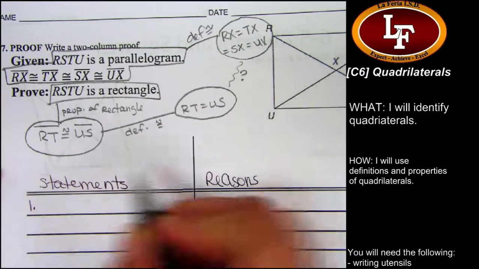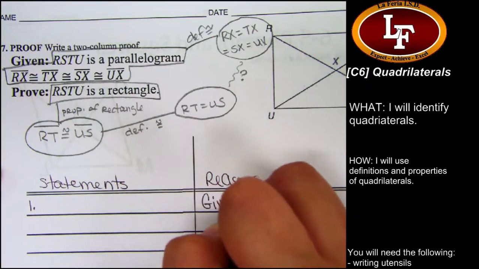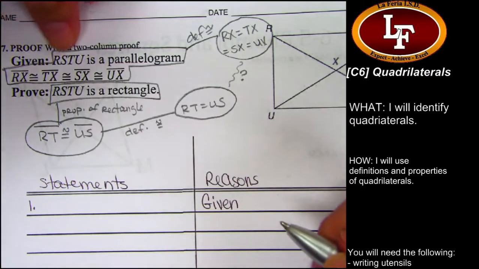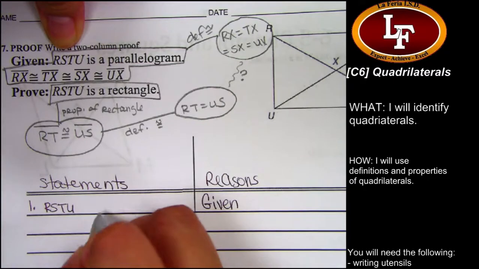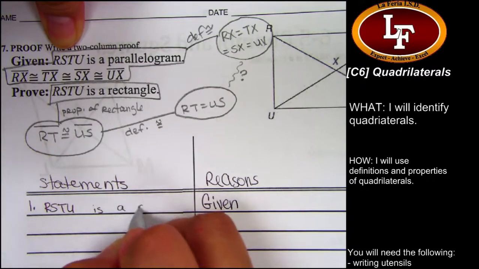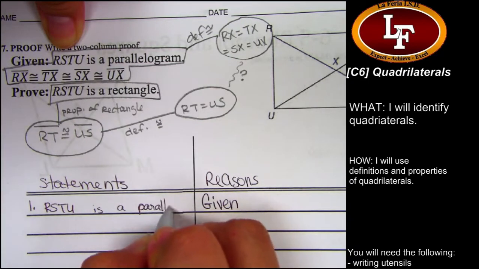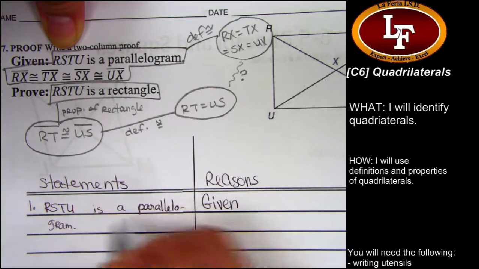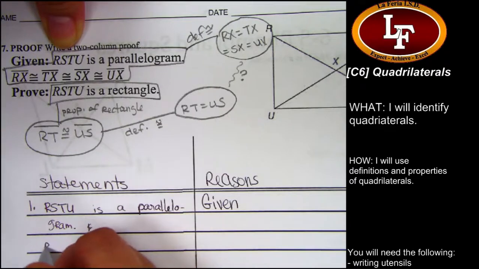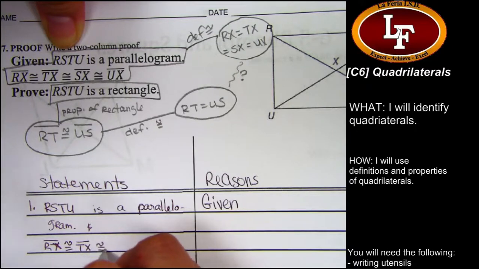Please make sure that you always start with the very first thing that you were given, which is the given, obviously, and so all the stuff that you were given becomes the first line of your 2-column proof. I've run out of space there, I'm sorry. And so you'll write all of this all over again. Please write it more neatly than I am, because I am just not writing neatly today.